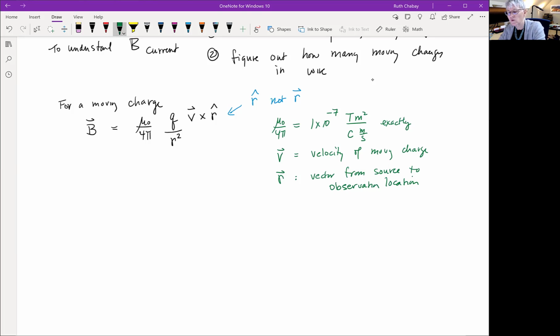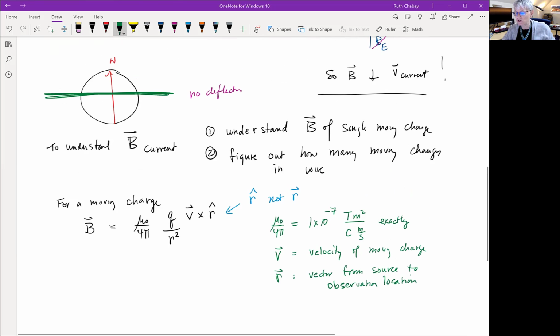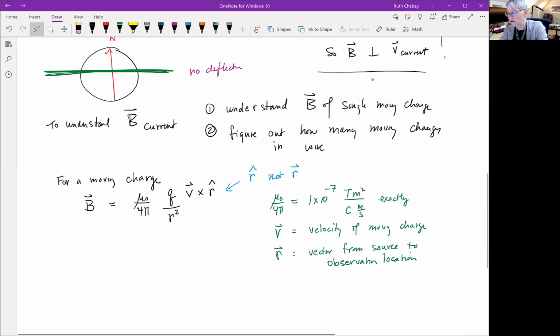Oh, well, we see why the magnetic field of a current is perpendicular to the current, yes. And in fact, it comes from the agenda that we articulated up here, which will be exactly the same as looking at the electric field of lots of charges and adding up their effects.